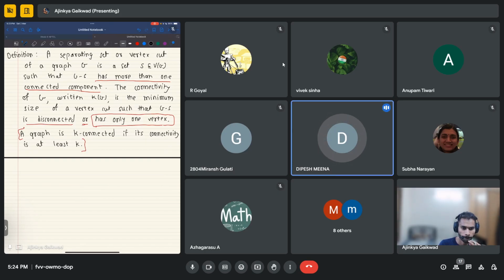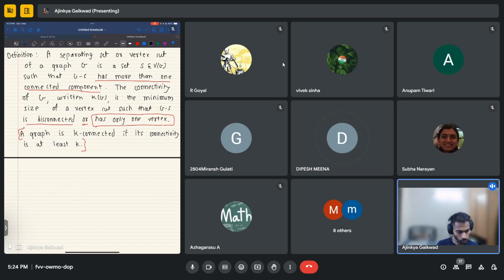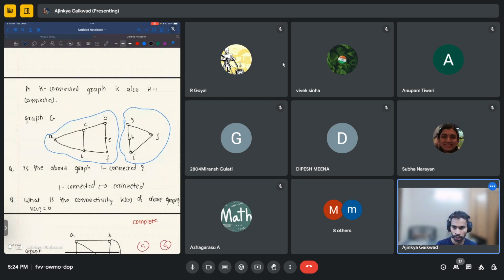Sir, is every graph one connected? No. For example, if you see this graph, this is not one connected, because one connected and connected mean the same thing. If I remove zero vertices, the graph should remain connected. So if I remove the empty set of vertices, is this graph still connected?